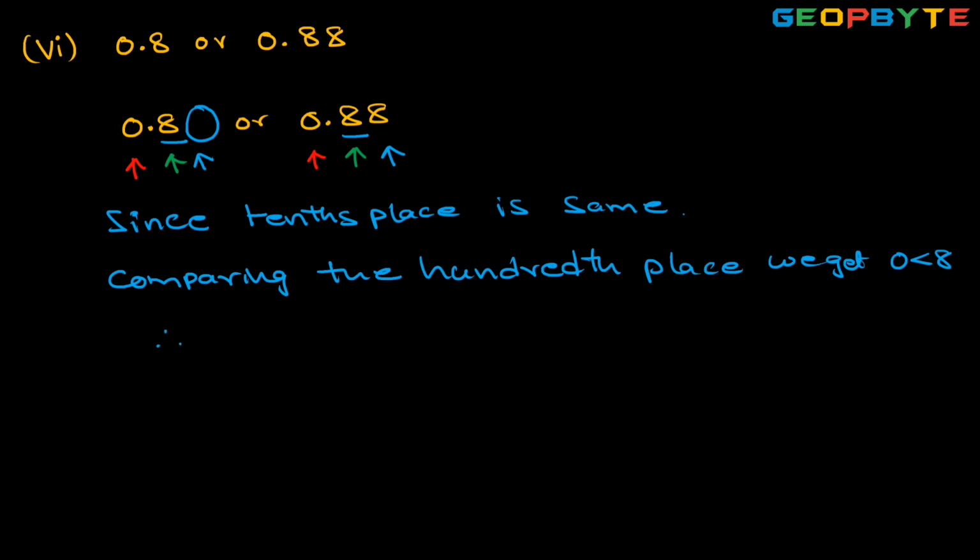Therefore, 0.8 is less than 0.88, or 0.88 is greater than 0.80. So among 0.8 and 0.88, 0.88 is greater.